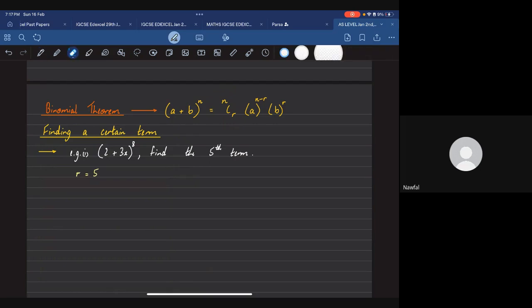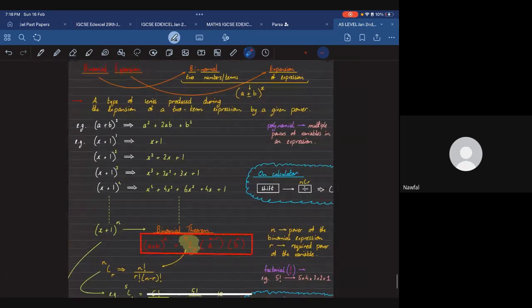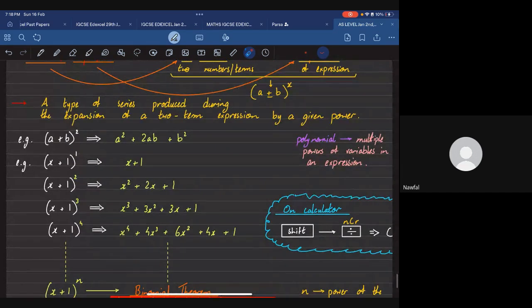But no, R over here is supposed to give you the required term. And one thing is for certain that whenever you're expanding, one term is without the power. Always. You can clearly see that there are always terms in an expression without the power.